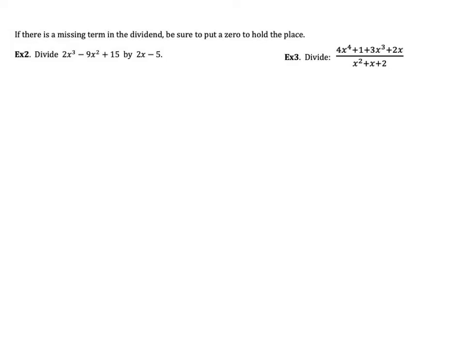So it says divide 2x cubed minus 9x squared plus 5x by 2x minus 5. So this is already in descending order. We're going to take that, I'm going to put it underneath. This is my dividend. Now, one of the things that I highly recommend you do, you don't have to, is to put a placeholder here.